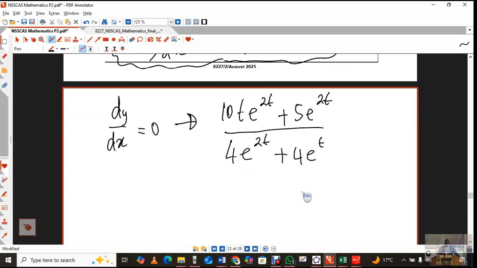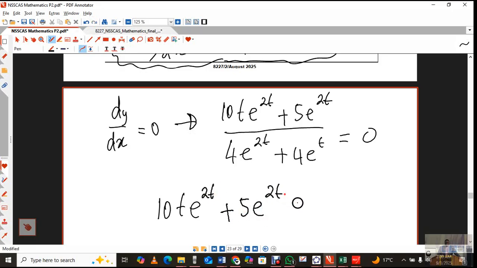We're going to let this equal 0. That denominator, you cross multiply, you get 0, so you're going to have 10t e to the 2t plus 5e to the 2t is equal to 0.